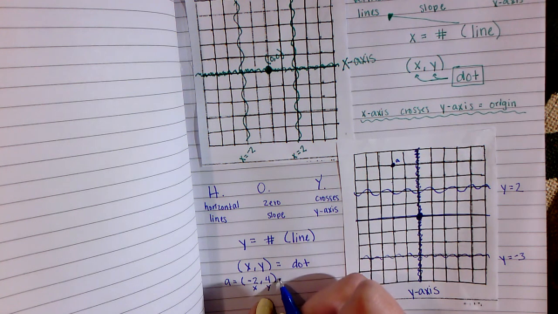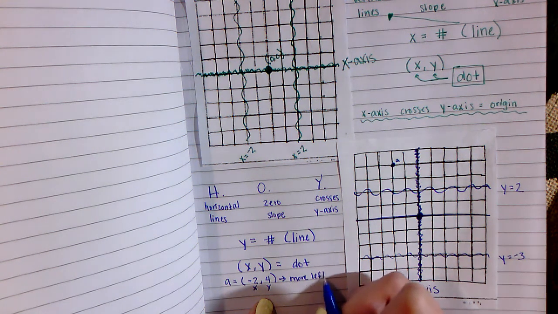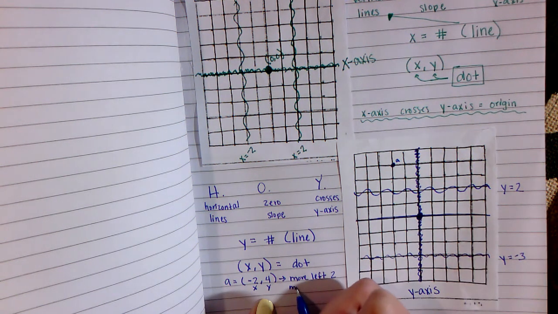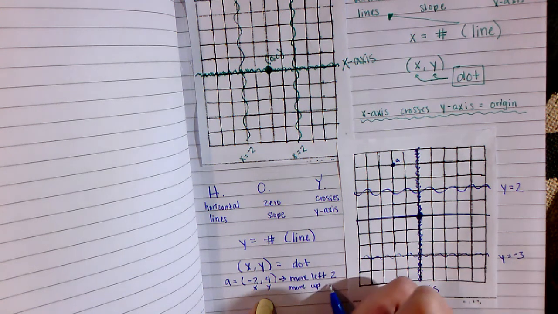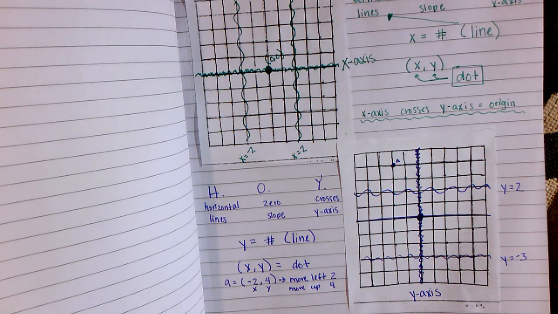So I'm going to move left 2, move up 4. We always move left or right first, up and down second, because of what axis we're talking about.